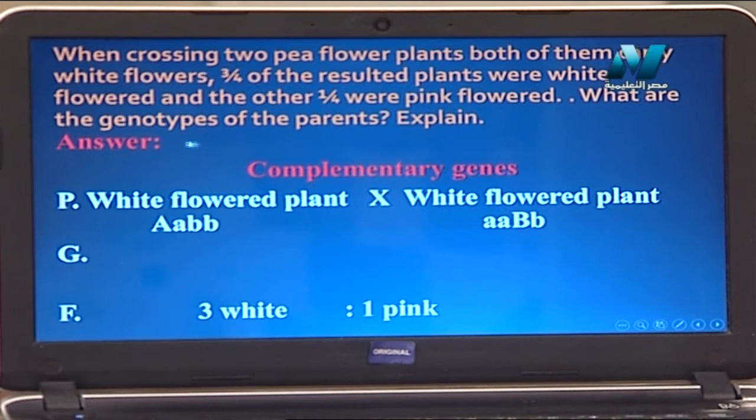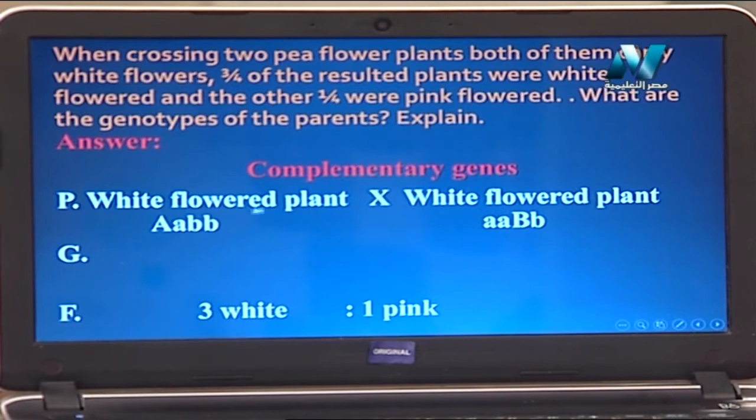Again, the recessive character or the white color appears when one of these 2 pairs is recessive, like the A small or B small, even if the other pair of genes is present in dominant state, pure or hybrid.